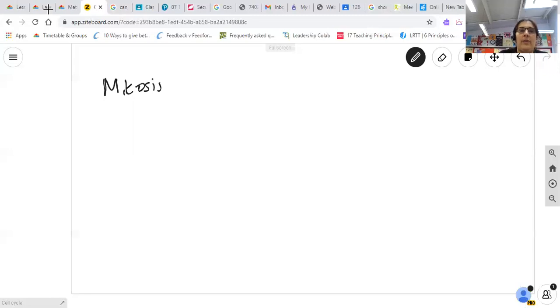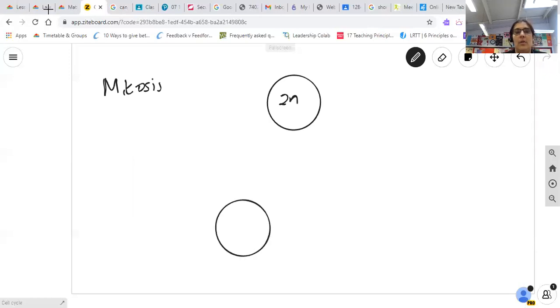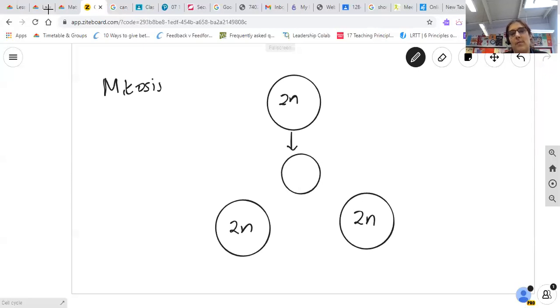Now, we know that we start with a diploid cell and we end up with two genetically identical diploid cells. Now, the numbers don't work there, as you can see. So what must be happening in the middle is we must be doubling our chromosomes so that they can then split into two.